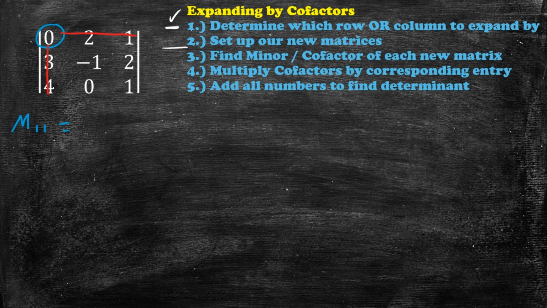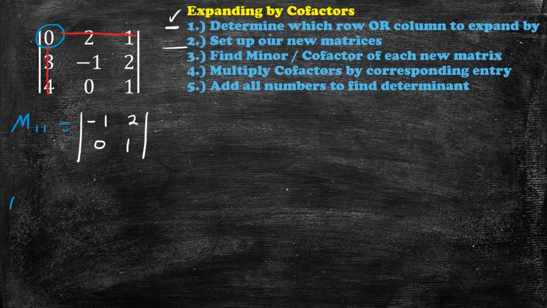Then you write down all the numbers that remain, which is -1, 2, 0, and 1. That is the minor of the 0 that we picked in row 1, column 1.